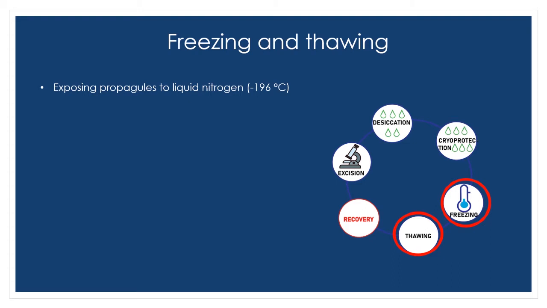And what is important is when propagules are at the temperature of liquid nitrogen, they are cryostored, because all the metabolic activity is basically stopped. There are species which have been cryopreserved for over 30 years.